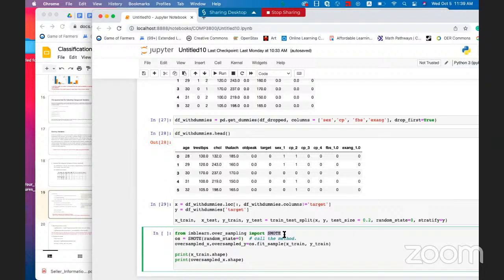This is usually the algorithm for oversampling. But if you want undersampling, you have thousands of sample instances, then you can do undersampling. It's another method. This algorithm is only for oversampling, to add instances, to add entries.